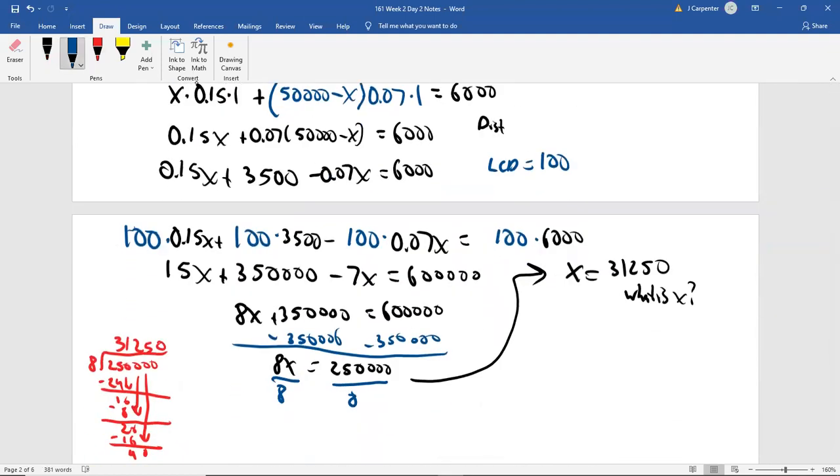So for our answer, the principal at 15% would be $31,250. And then the principal at 7% would be 50,000 minus that. That's 50K minus 31,250. And when you show that subtraction, you'll end up with $18,750.